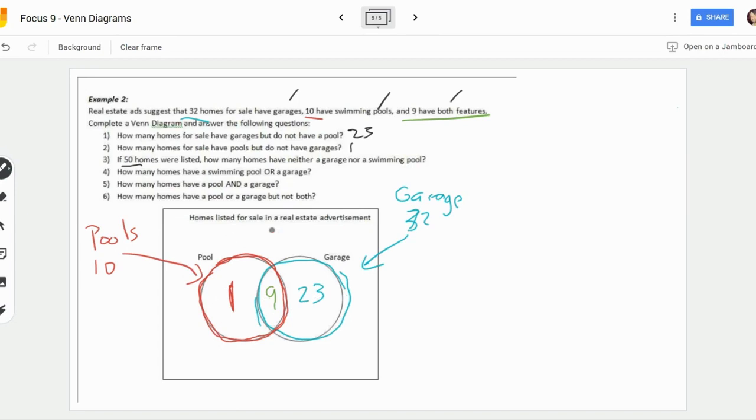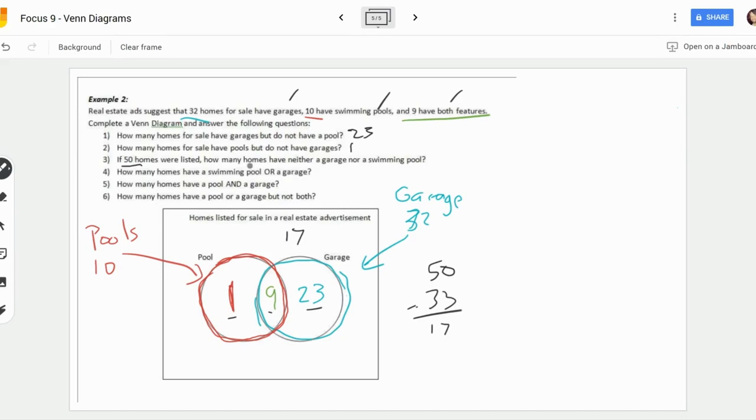And there are 50 total. So we would just add each of these up. 32 and 1 is 33. And there's 50 total, so we're just subtracting. We know that there are 17 homes that didn't have a garage, didn't have a pool, if there were 50 listed.